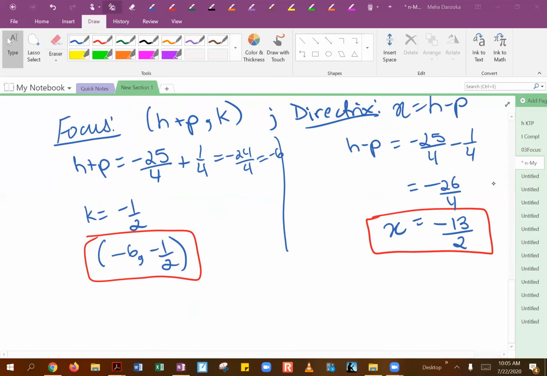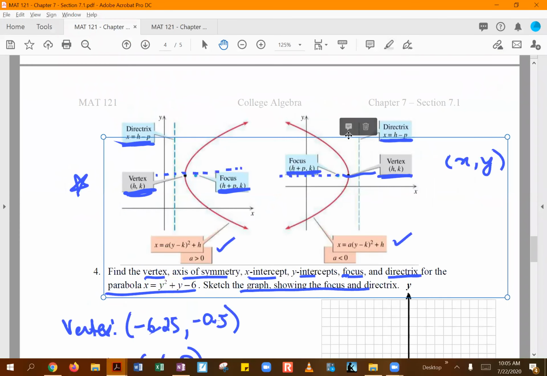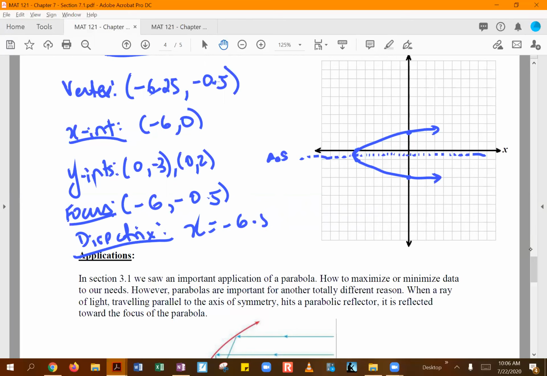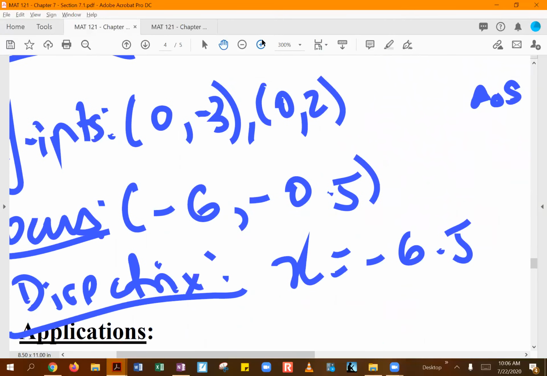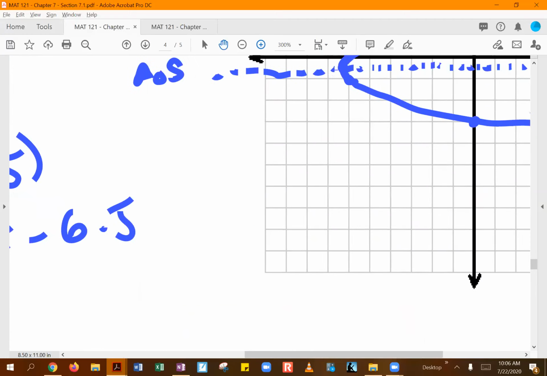And so when we bring this over, the focus is at -6, -0.5, and then the directrix would be x equals -6.5. So again, graphing this would be a little bit interesting, -6 and -1/2.